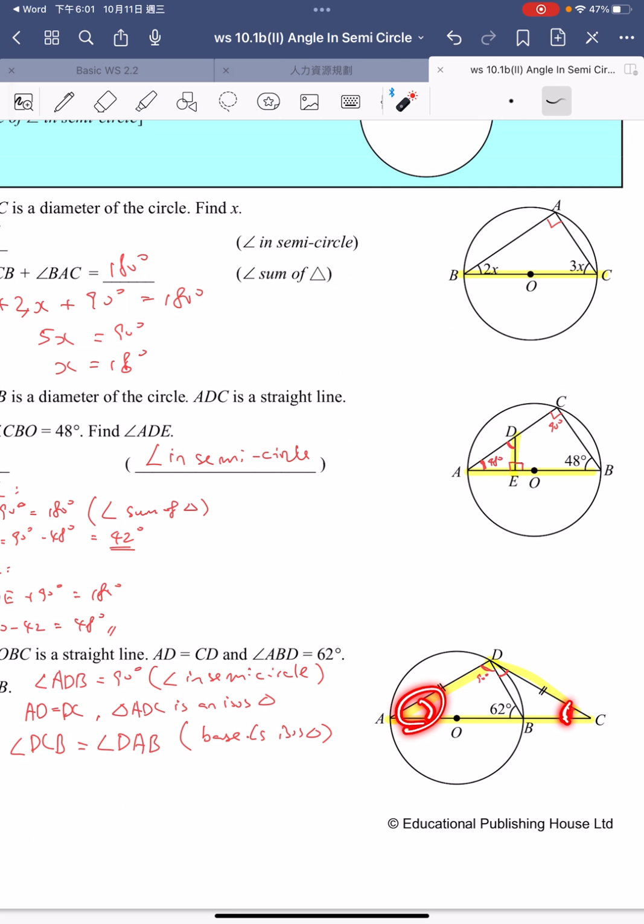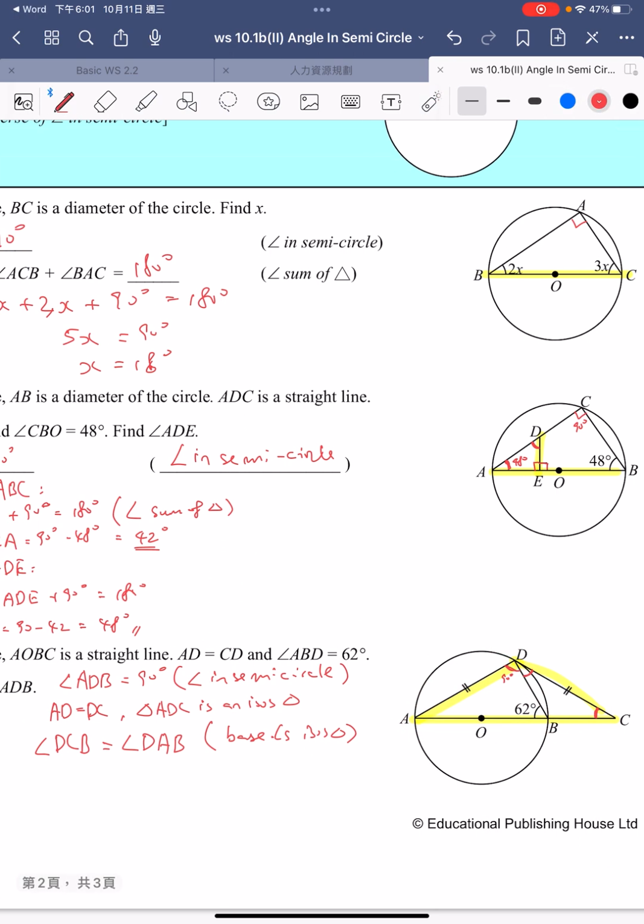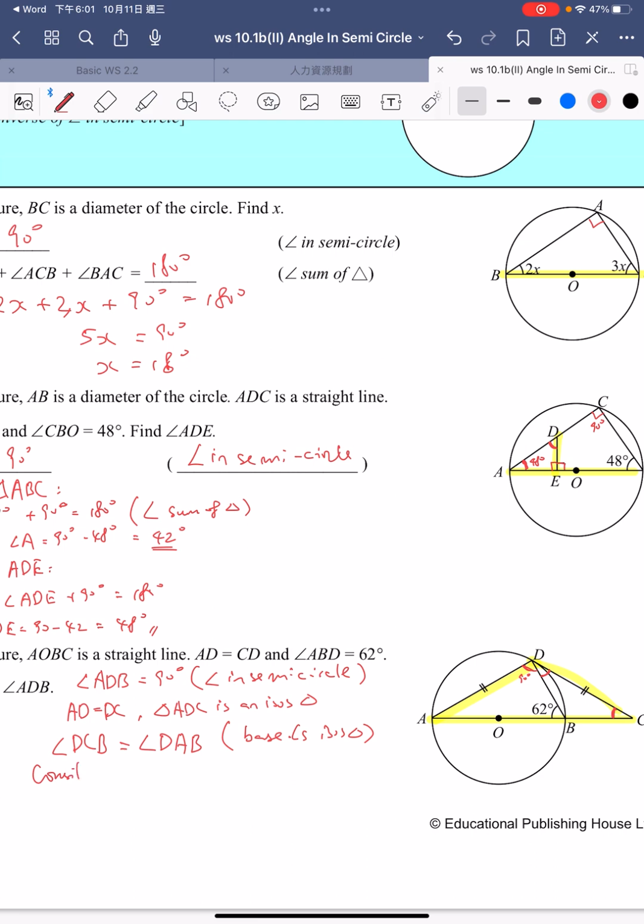So how to find out this angle? If we consider the triangle ADB, then we have the 90, have the 62, so we now get the angle A. We consider the triangle ADB, so that we have the angle A equal to 180 minus 90 minus 62 degrees.